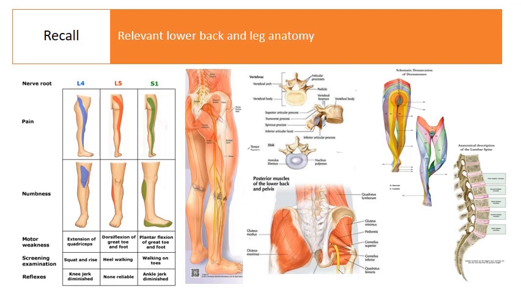Moving on to some anatomy of the leg itself, with pain generators or the differential diagnosis of things that cause pain to go down the leg. If we look at the picture in the middle depicting the lower back and the leg itself, you can see a thick yellow nerve running all the way from the buttock into the foot.